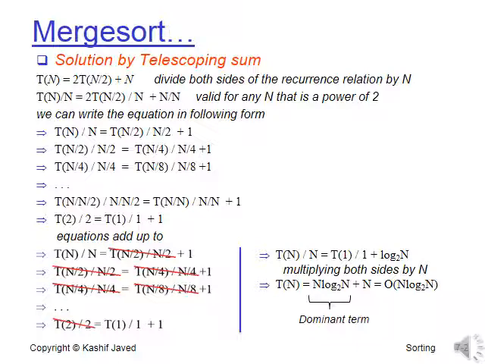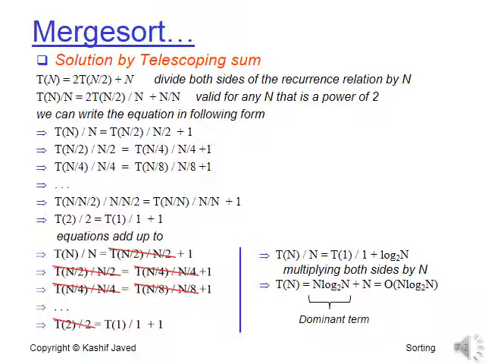When we sum all the left hand and right hand sides, all of the other terms cancel and we are left with log n equations. All the number 1's at the end of the equations add up to log n.